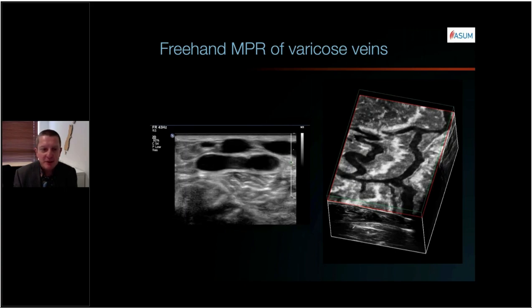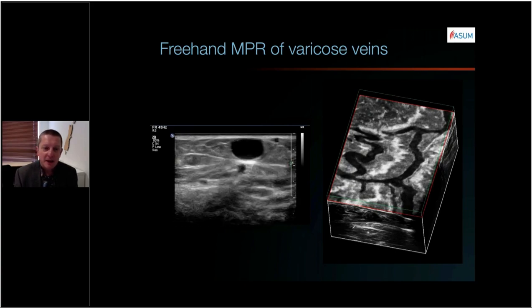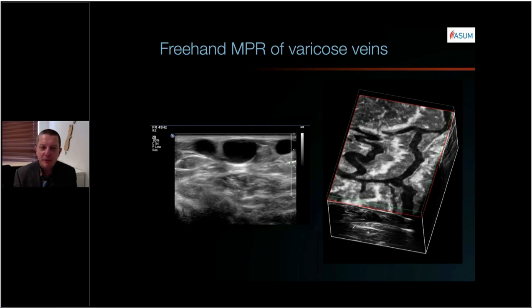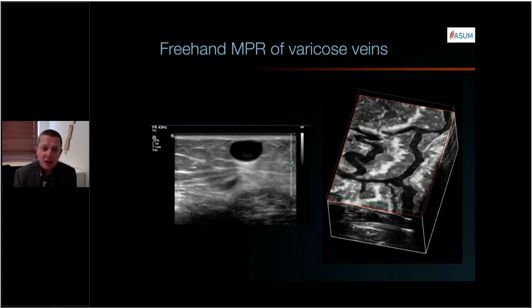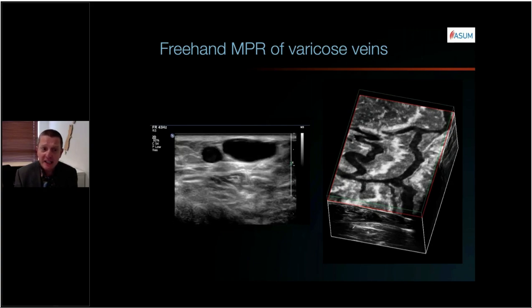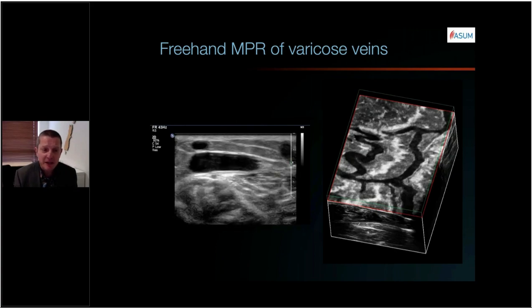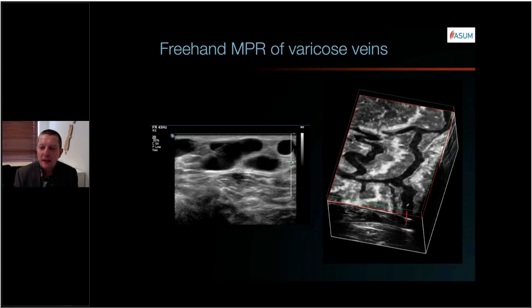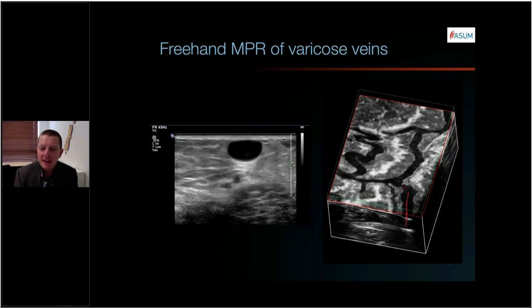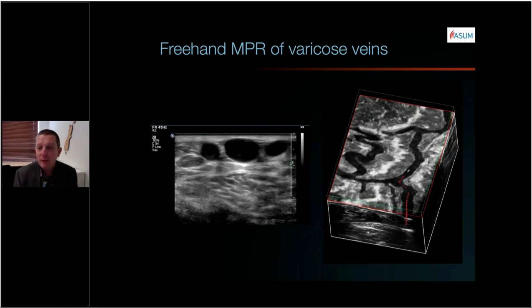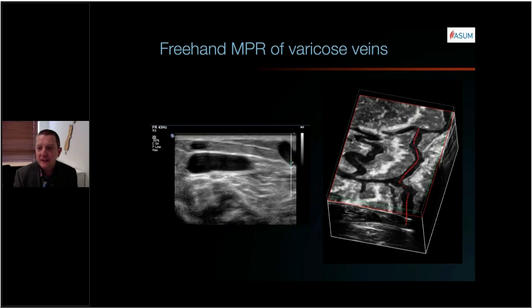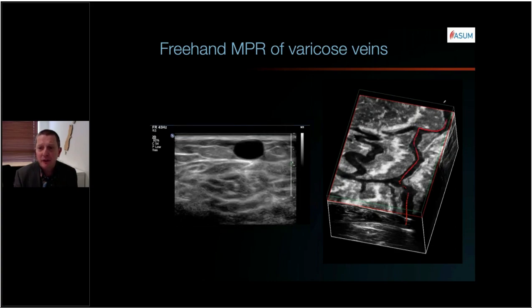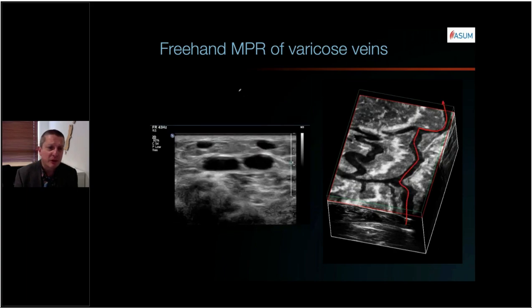The usefulness of this image is that here we are perhaps performing a venous intervention using a transcatheter technique like a laser or radio frequency ablation, and the vascular surgeon needs to know, will he or she be able to pass a guide wire and catheter through the venous system? That's very, very difficult to determine from the video clip.